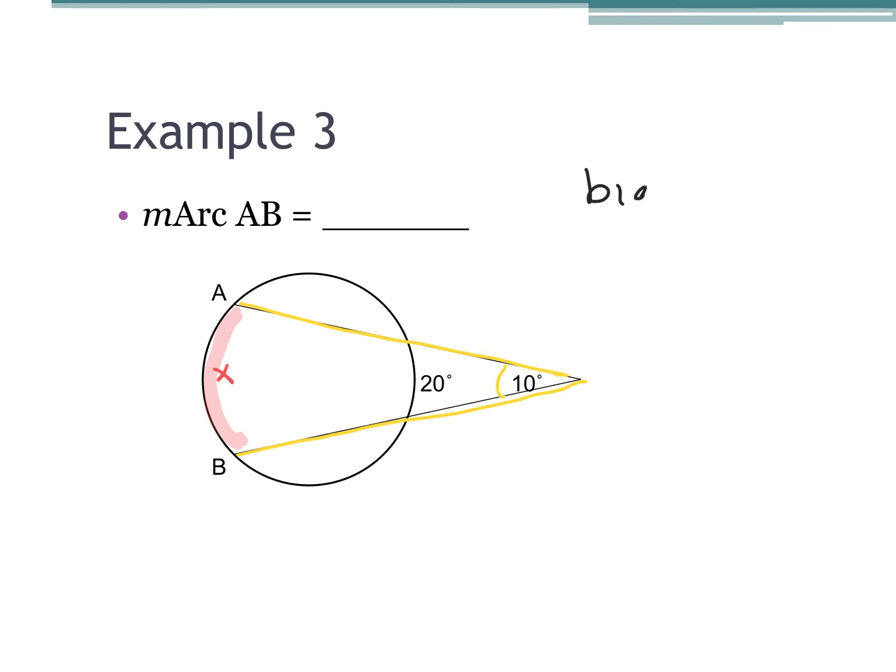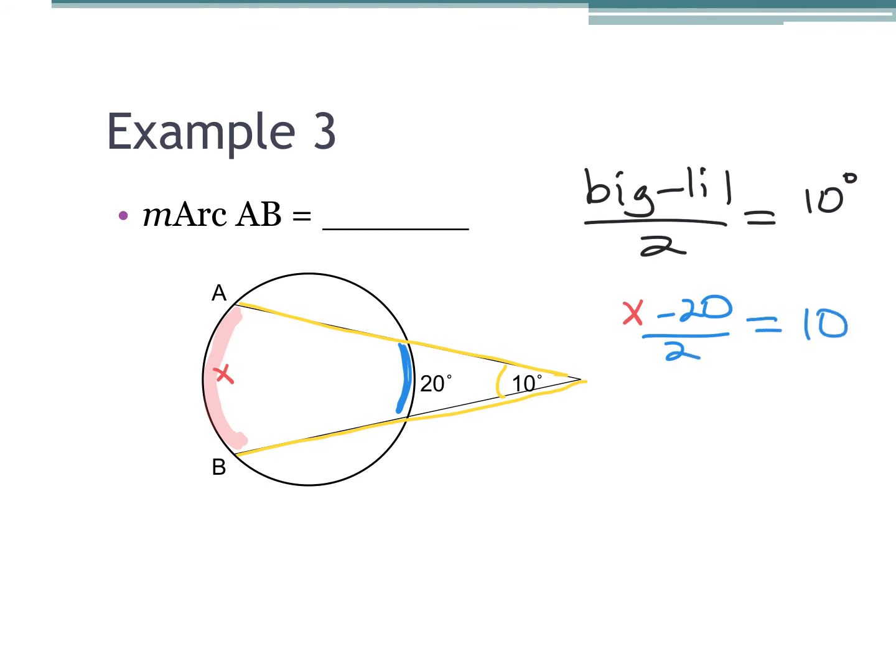I'm going to do big minus little, divide by 2, equals the outside angle, which is 10 degrees. So I don't know my big arc, but I do know my little arc, and that's going to be 20. And it equals the outside angle, which is 10 degrees.